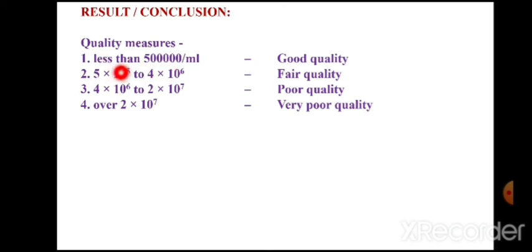If the count is less than 5 lakhs per ml, then the quality of milk is good. If it is more than that, up to 40 lakhs, then the quality is fair. Between 40 lakhs and 200 lakhs, the quality is poor, and over 200 lakhs, the quality is very poor.